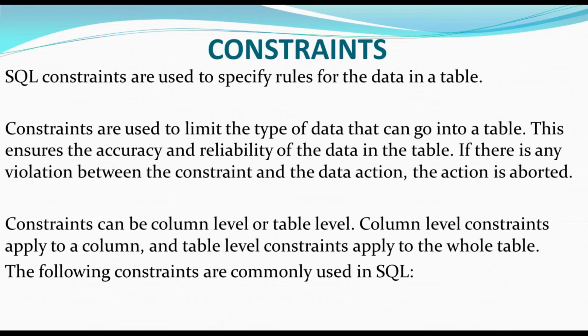So we will talk about them as we move on. Constraints can be column level or table level. Column level constraints apply to a column in a table, then table level constraints apply to the whole table.